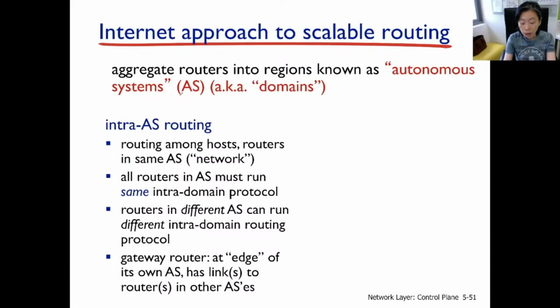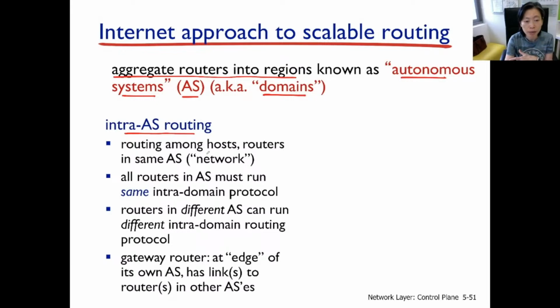Once again, on the internet we aggregate the routers in a region and call it an autonomous system, an AS, or sometimes a domain. So the internet is a network of ASs, a network of domains. The routing protocol within the AS, which the network admin configures on all the routers, is called the intra-AS routing.